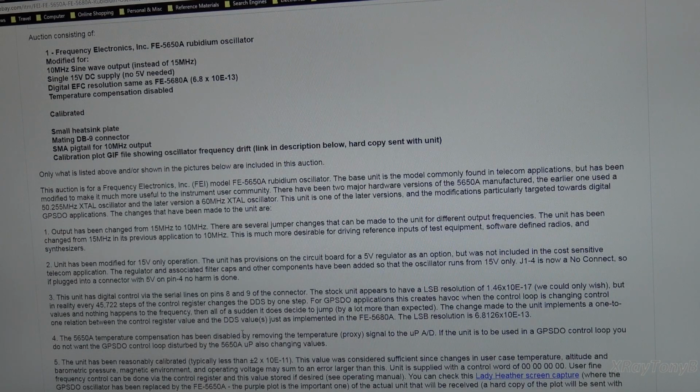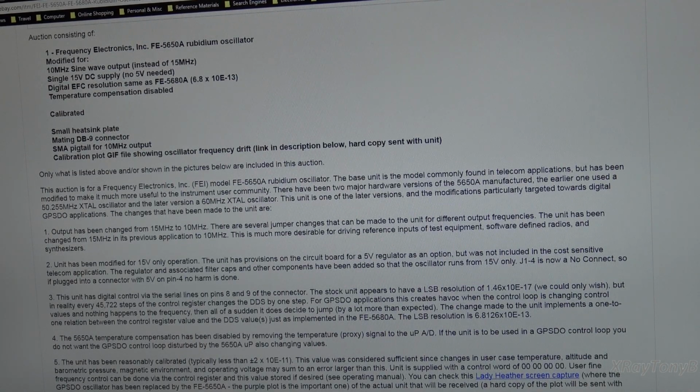They've disabled the temperature compensation, which kind of actually, for what we're using it for, makes it better. And it's been calibrated, and you can see it's less than plus or minus 2 times 10 to the negative 11th. So it is very accurately calibrated. And it comes with a calibration sheet.